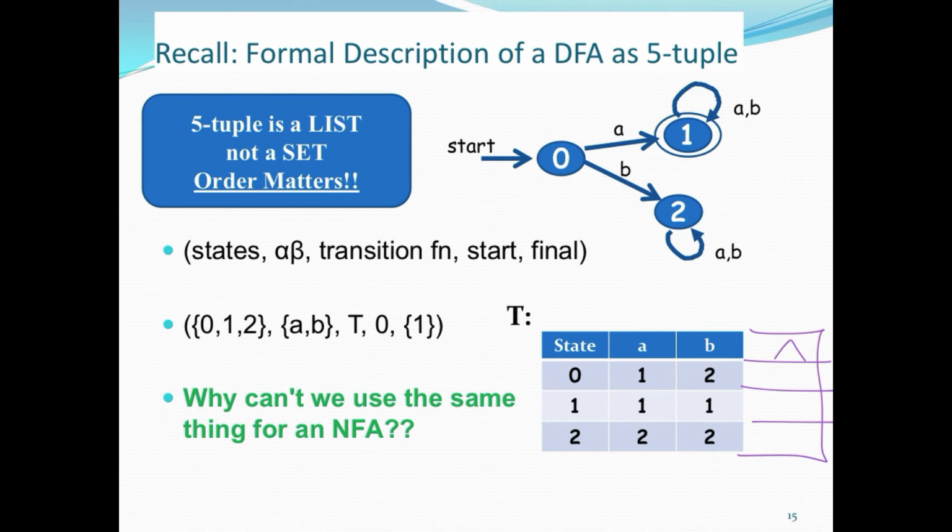Because if we have an NFA, we could have, say, 2 ways to leave state 0 with the symbol A. And we don't have a way to represent that in this table. So we need to change our formal description of a DFA in order to be able to represent an NFA formally.